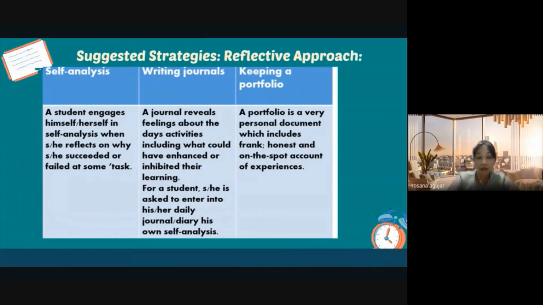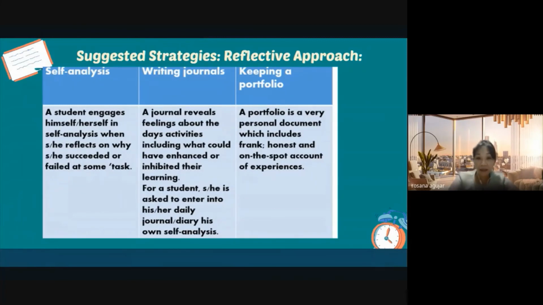Self-analysis. A student engages himself or herself in self-analysis when she reflects on whether he succeeded or failed at some task. And also, through writing journals. A journal reveals feelings about the day's activities, including what could have enhanced or inhibited their learning.